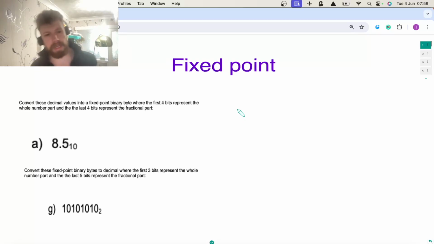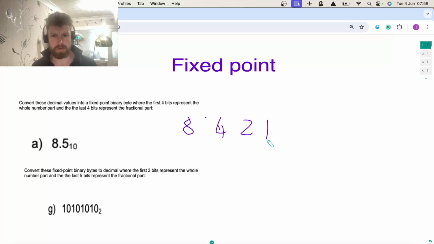Fixed point is essentially normal binary to denary conversions, but you've got a binary number with a decimal point in there. So it says 4 bits for a whole number: 8, 4, 2, 1.